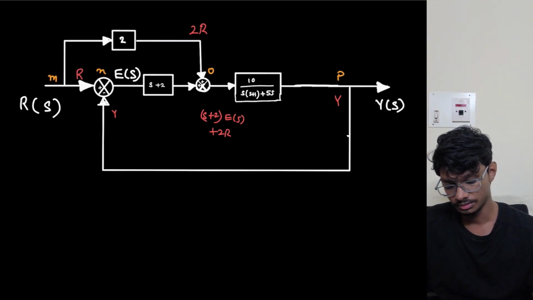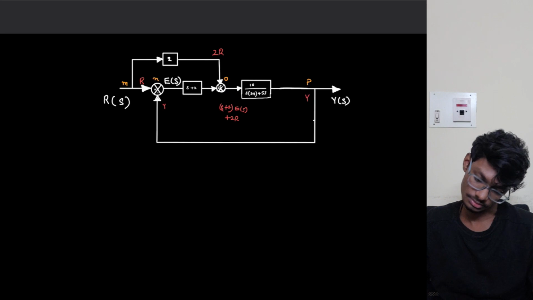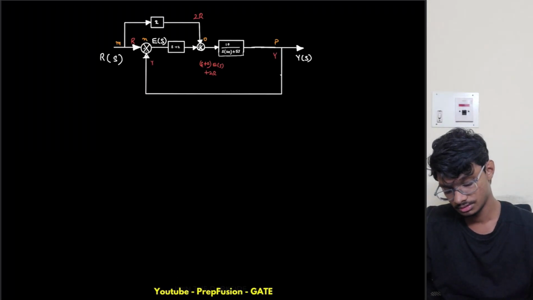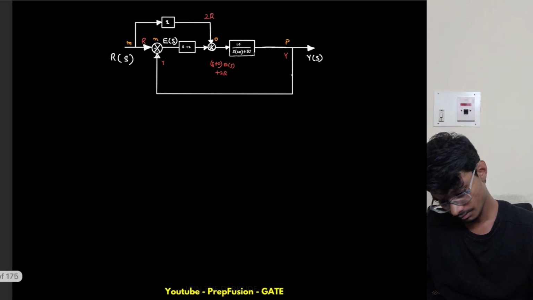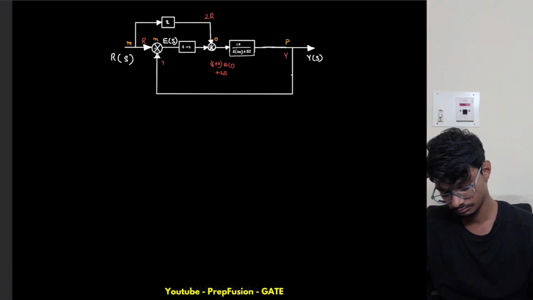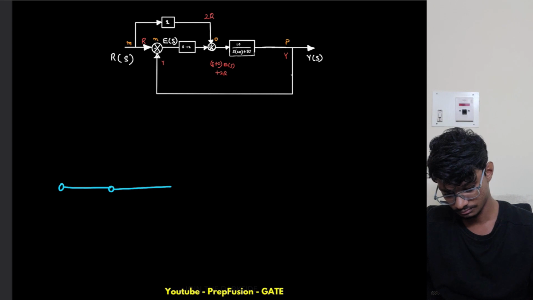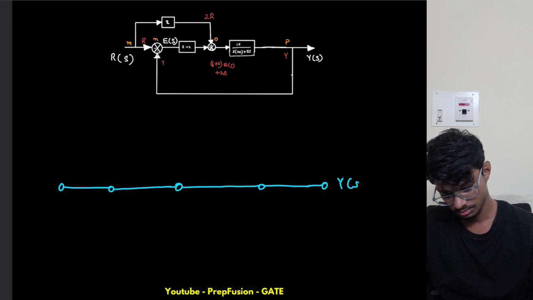So now let me draw the SFG for this one. So how to draw the SFG? So it is simply equals to M, N, O, and this is P, and this is E of s.